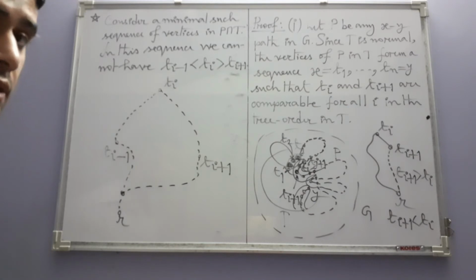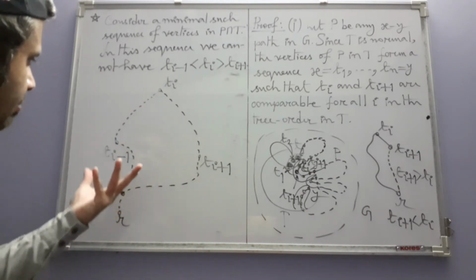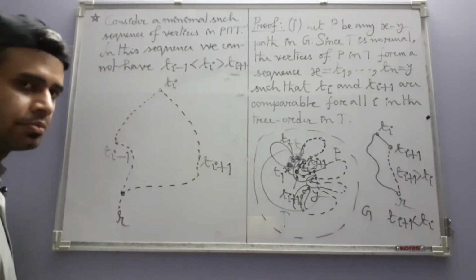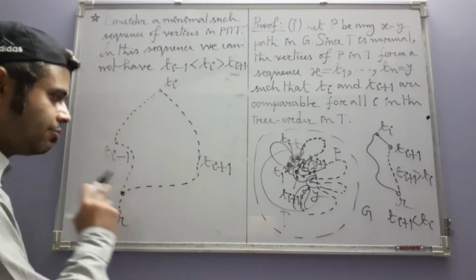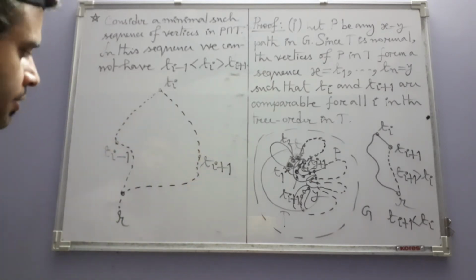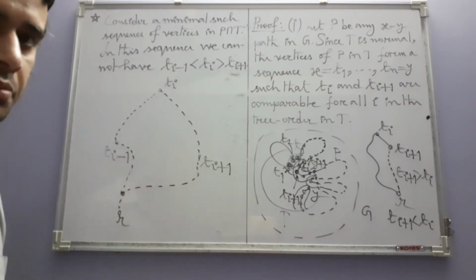But we are in a tree, okay, and these paths are in a tree, so we cannot have this cycle. It should be a single path, and that single path definitely will contain both Ti minus 1 and Ti plus 1, and that would make them comparable.